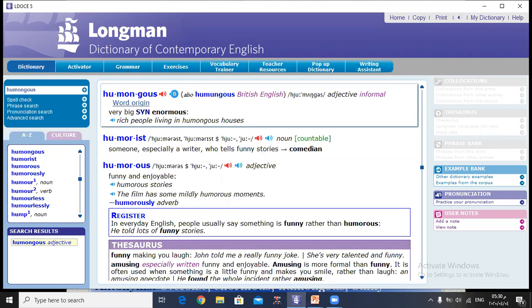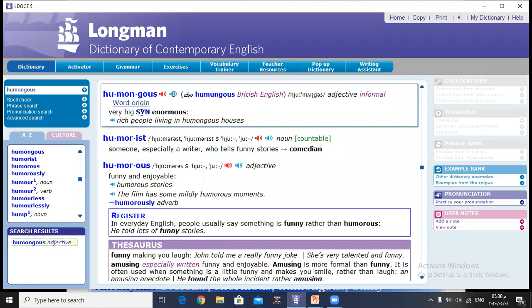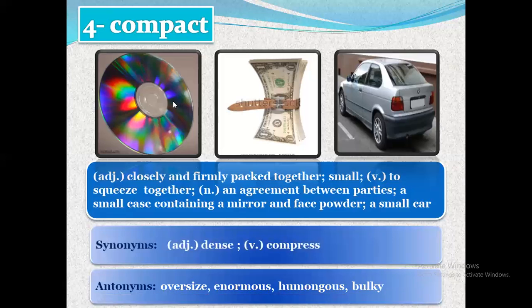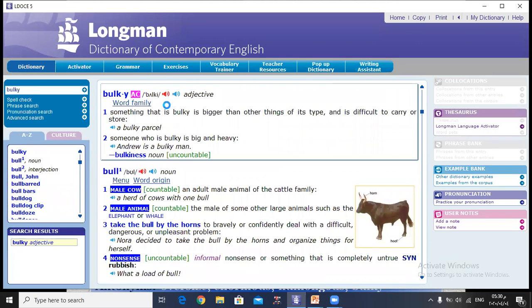Humongous. So what does this word mean? Very big or enormous. So also we have the word bulky. It means something that's bulkier than other things of its type.